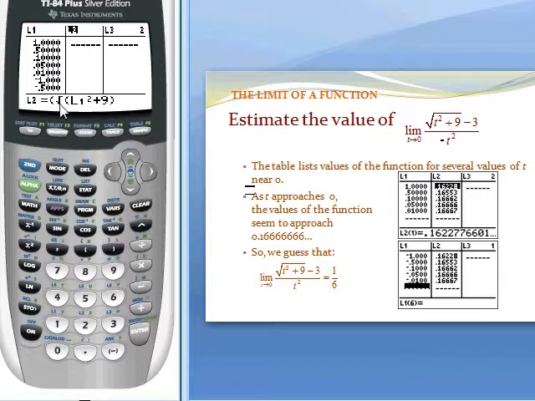Now that's the quantity, L1 squared plus 9, minus 3. Now close the parentheses, divided by t squared, so that's going to be L1 squared. Does that look good? Okay, let's check it.